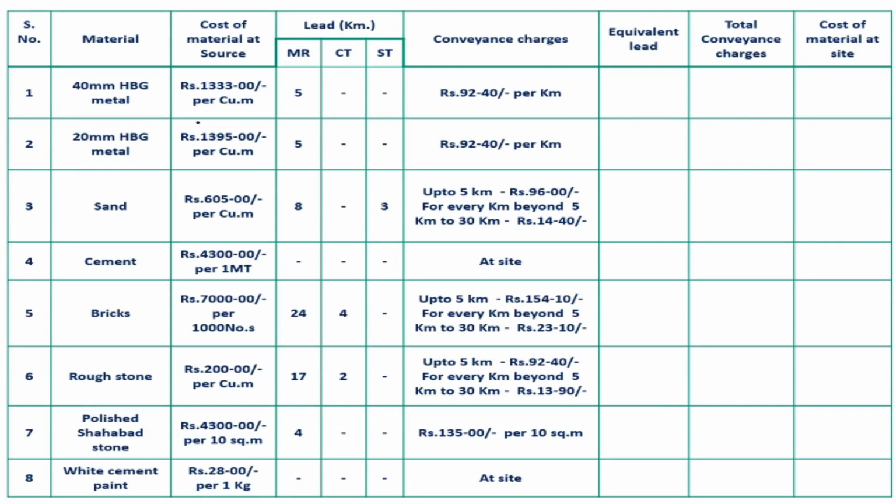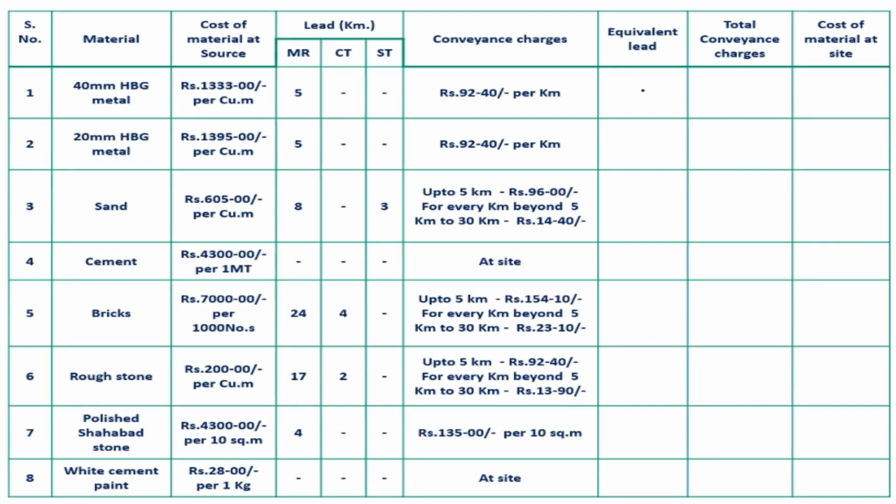Enter all this data in one table and add additional columns for equivalent lead, total conveyance charges, and cost of the material at source. The first material is 40 mm HBG metal. Cost of this material at source is 1333 rupees per cubic meter, and it is taken from 5 km to the site, and its conveyance charge is 92 rupees 40 paisa per kilometer.